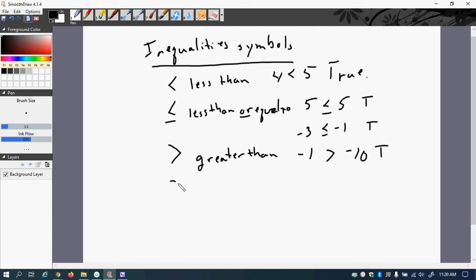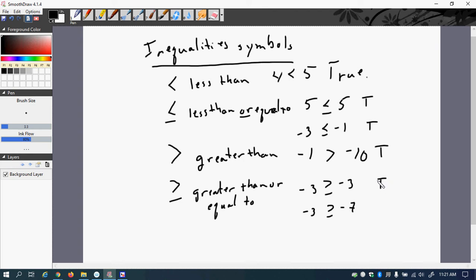Or we could have greater than or equal to. And so another example could be something like negative 3 is greater than or equal to negative 3, or negative 3 is greater than or equal to negative 7. Okay, these are all true statements.